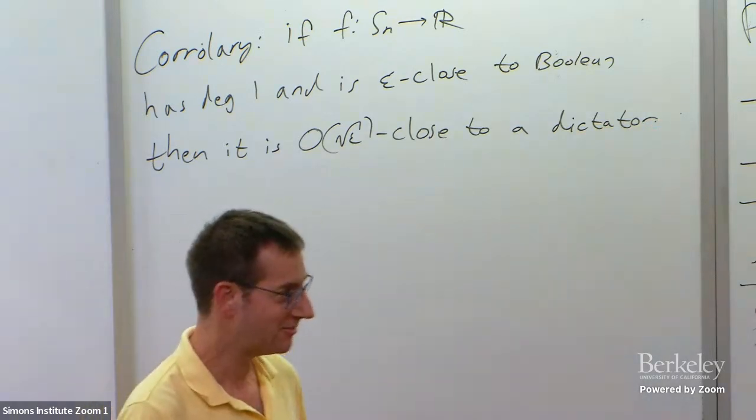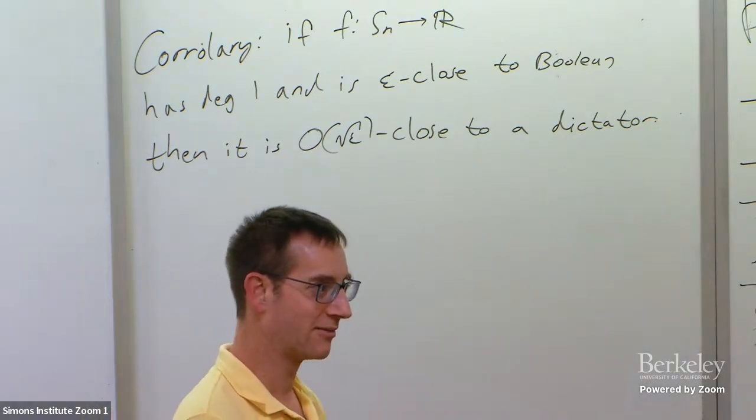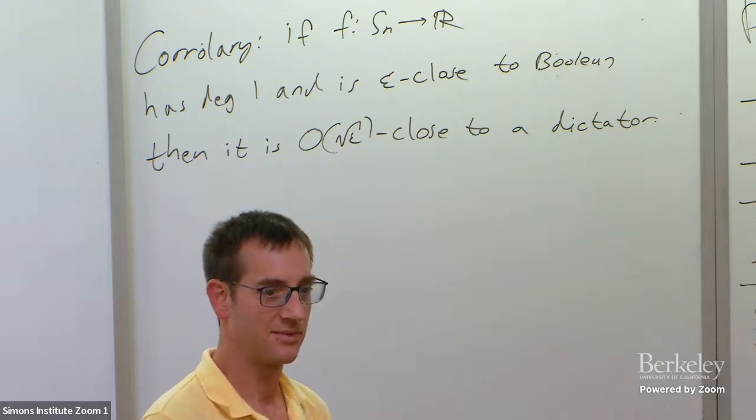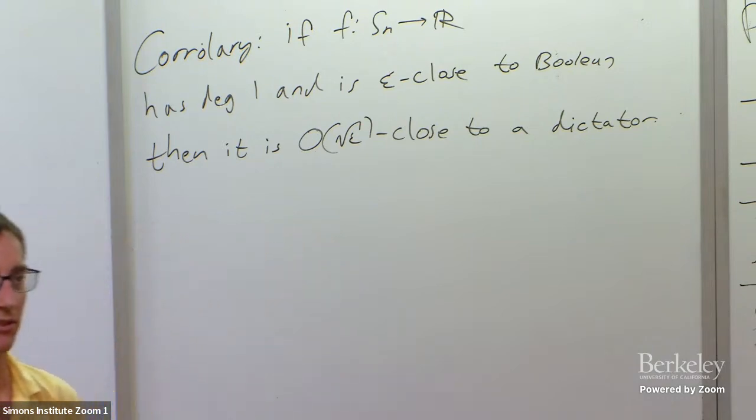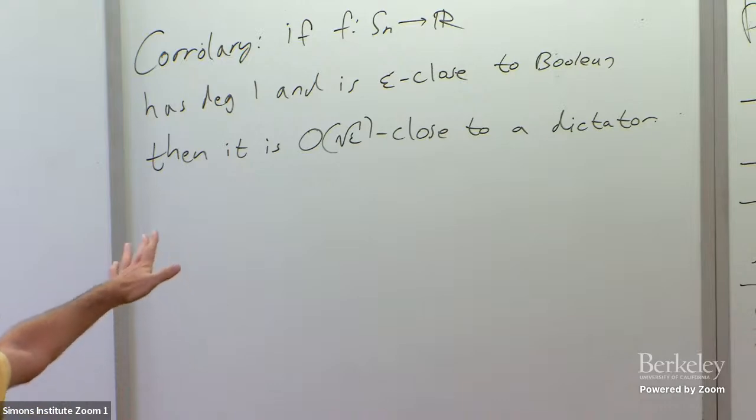It's striking, it's really the same thing. In the case of the biased cube, you could say this question is not interesting because you're close to 0. In this case, you're close to a dictator. It can actually be close to many different functions, so it's not a vacuous statement.